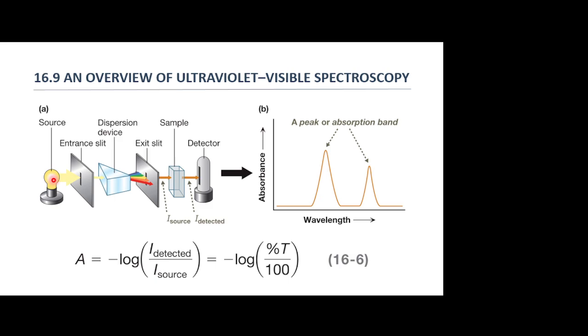So your source here is just going to essentially be a light bulb. Most of these instruments, it's literally an LED like you'd buy on a projector or something, or a light bulb. And then you shine the light through an entrance slit. This is just a very thin slit in a material, and this is literally just making it so you only have a very narrow beam coming through.